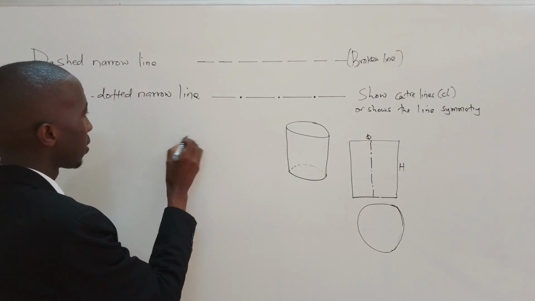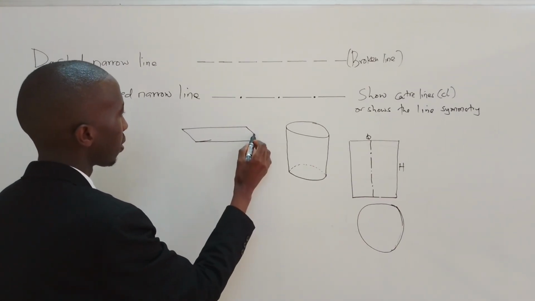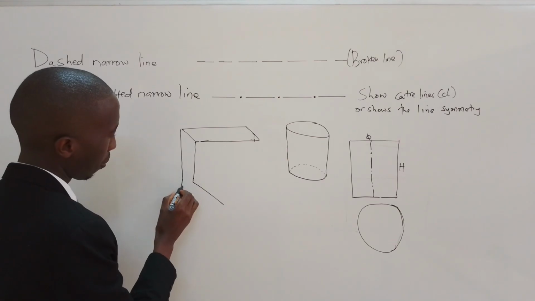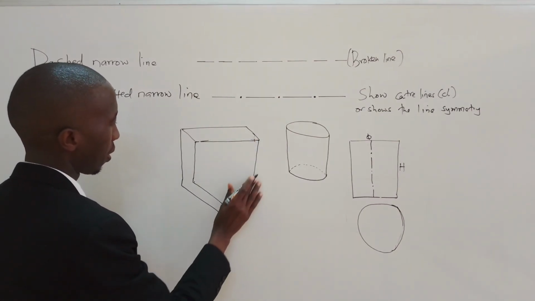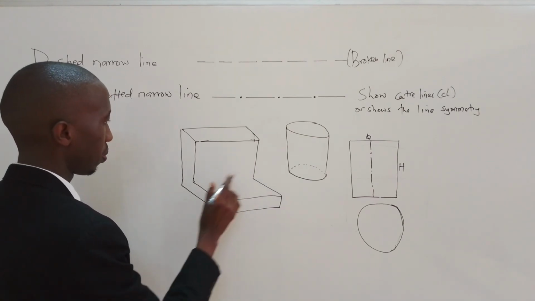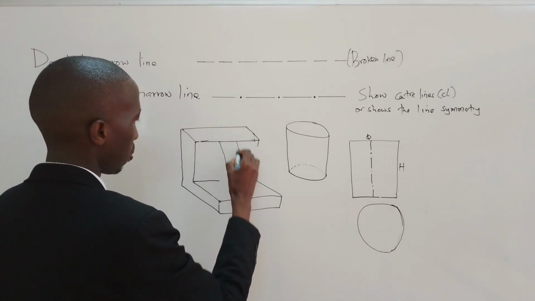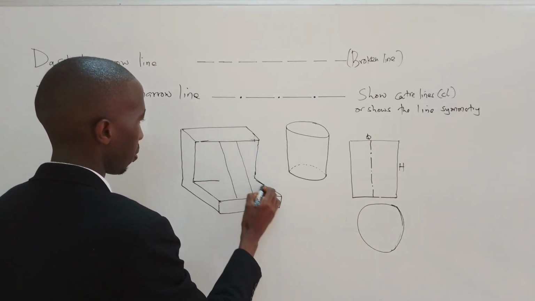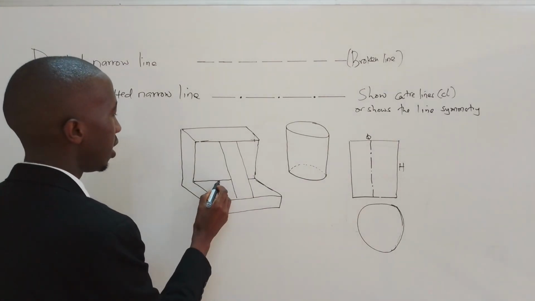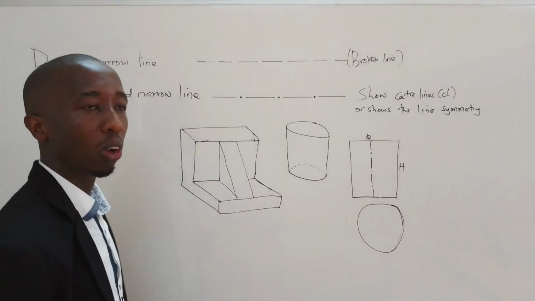Now, I will have a block like this. If this drawing is equal on both sides, I want to show that there is a part which is symmetrical to other parts.